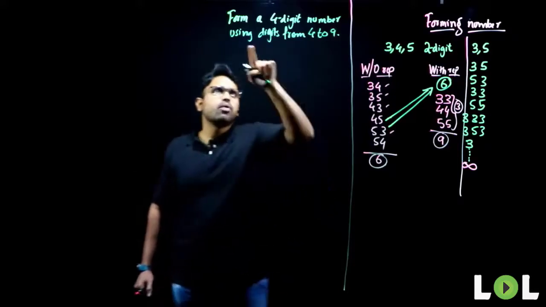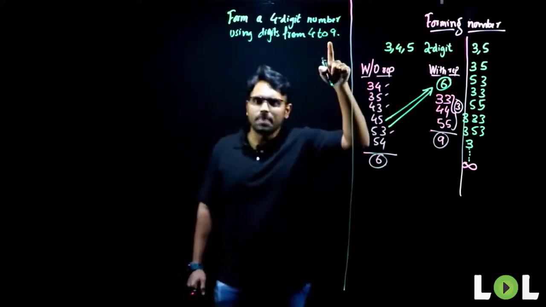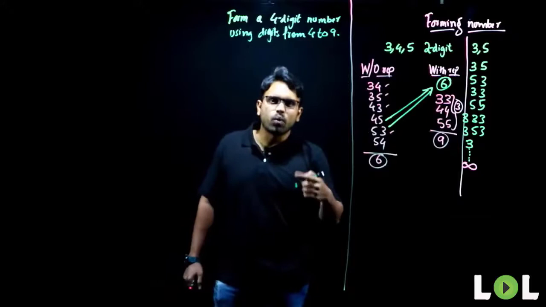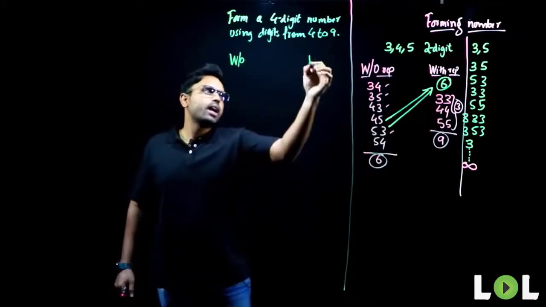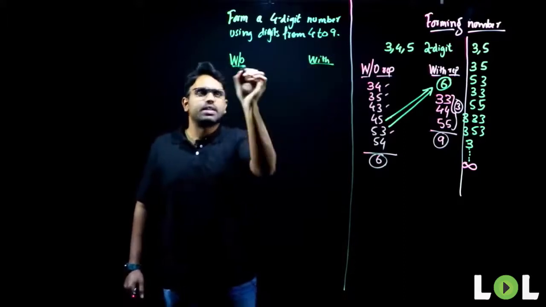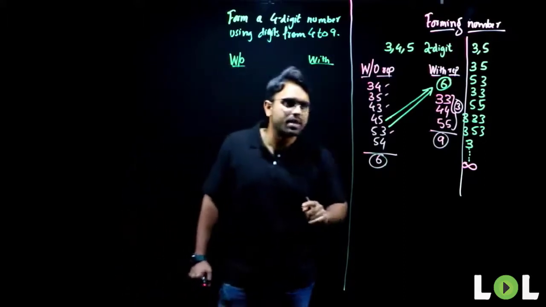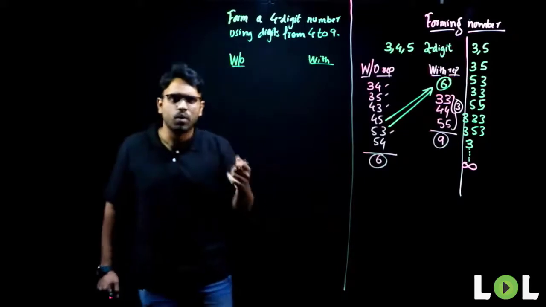How many numbers can be formed using digits from 4 to 9? Now tell me what will happen. The same case. One is without repetition, and the other one is with repetition. Start thinking. What will you do?